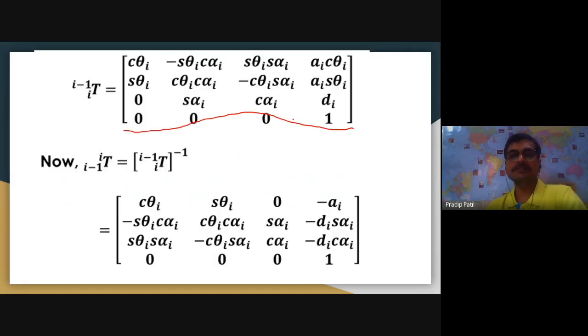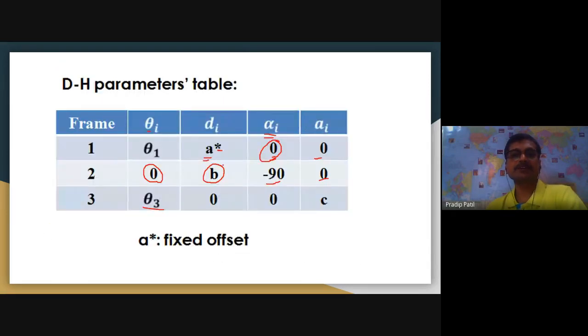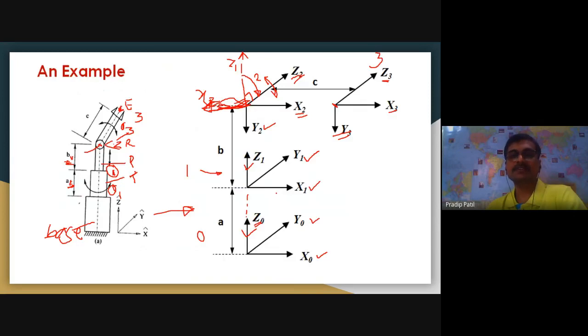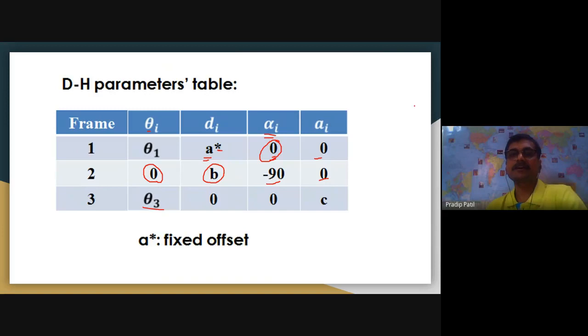Do you remember how we found the offset earlier? The distance between the x-axes, like b and a. For the first frame, the distance is a, and for the next frame it is b. Now since x2 and x3 are on the same line, the offset is 0.